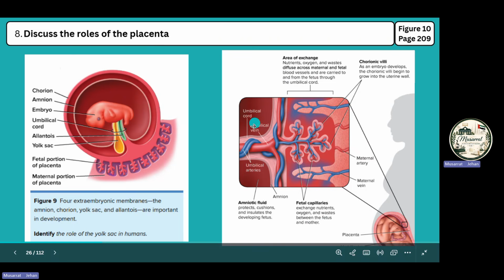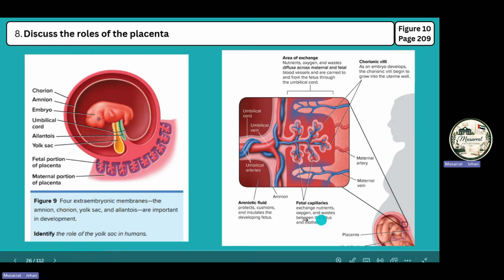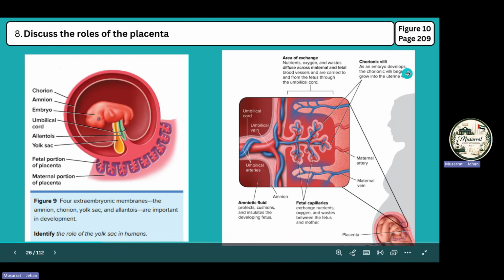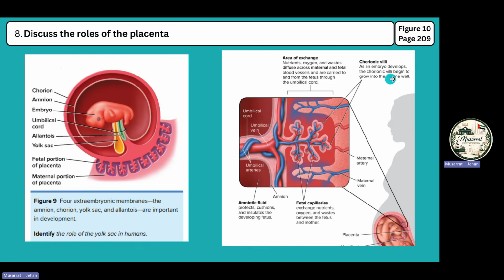So fetal capillaries are the exchange of substances taking place through this. As an embryo develops, the chorionic villi begin to grow into the uterine fold. The villi of the chorion, they start growing here. You see this. This is the fetal. The pink one is the fetal portion and this side, this one is the maternal portion.